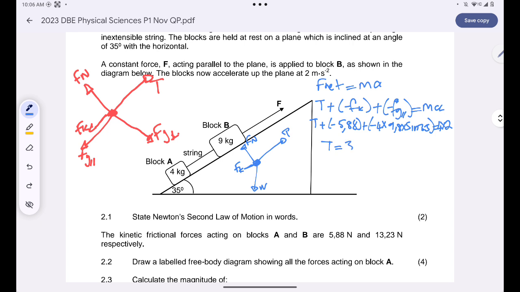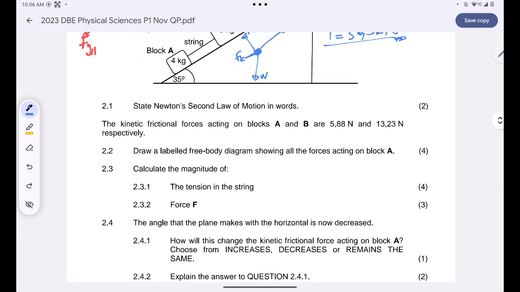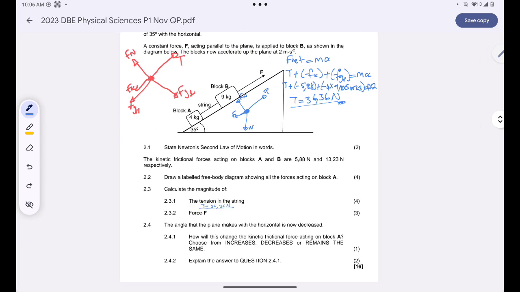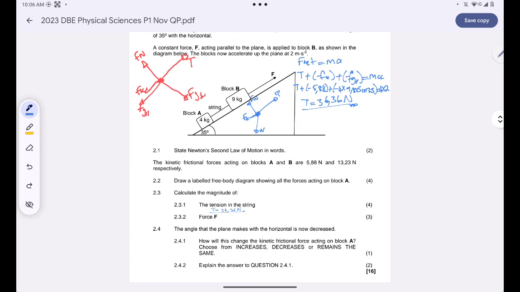I'll simply get 36.36 newtons. That will be the magnitude of the tension in the string. Okay, and then now they want us to find force F.